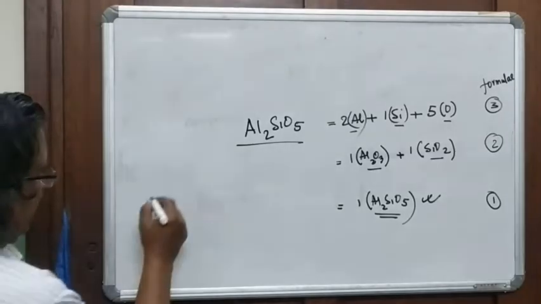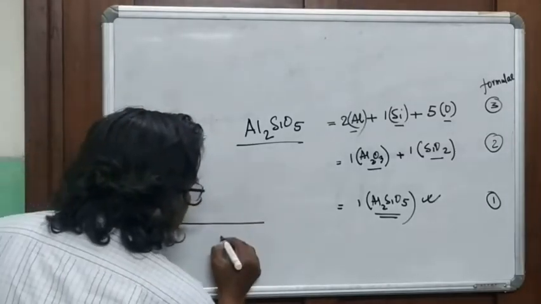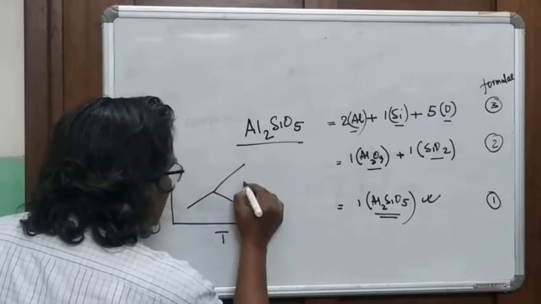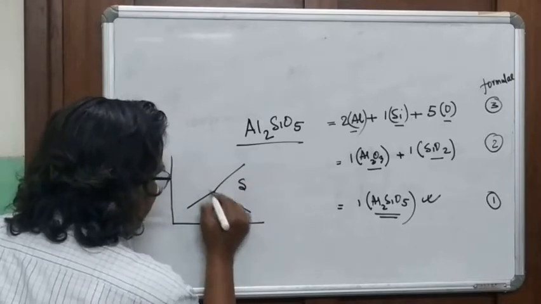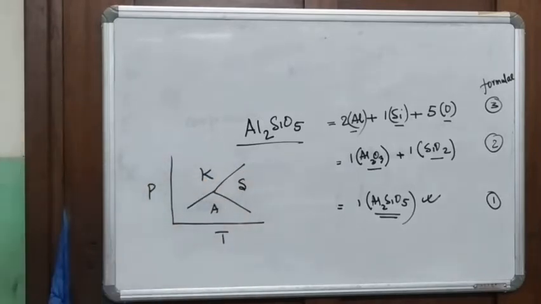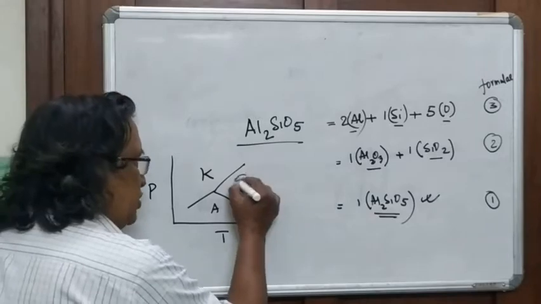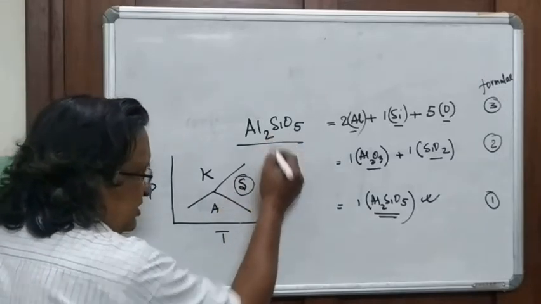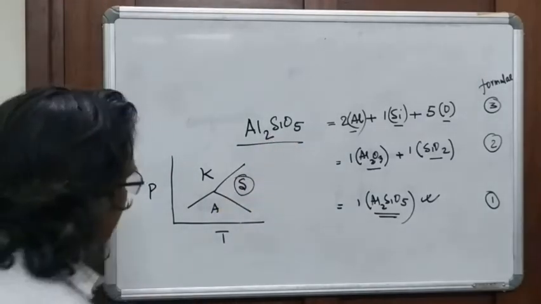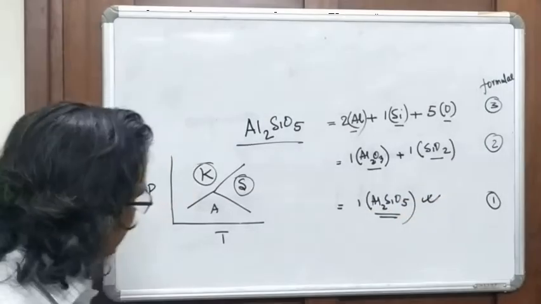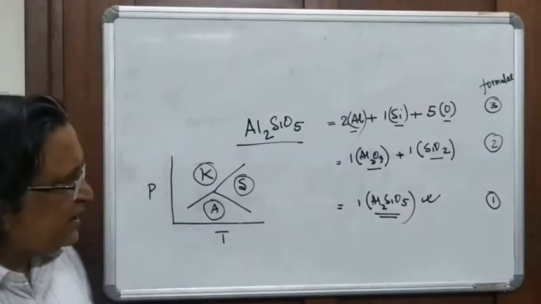So say, for example, you have the Al2SiO5 pressure temperature diagram, so you know this is sillimanite, this is andalusite, this is kyanite. All of them have the same formula, Al2SiO5. Whether it's only sillimanite, Al2SiO5 will have one component. If it's only kyanite, it will have one system component. If it's andalusite, it will have one component.